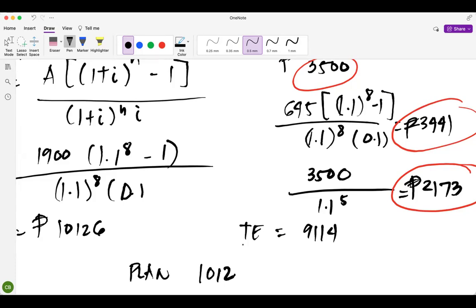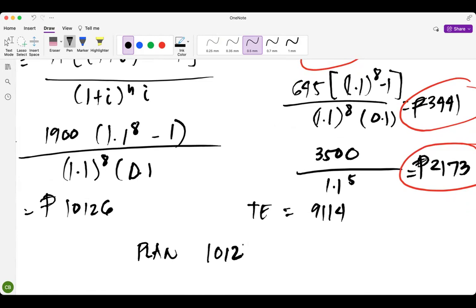Shall we compute this one again? 1,900 multiplied by 1.1 raised to 8 minus 1 over 1.1 raised to 8 times 0.1. So this one is 10,136.